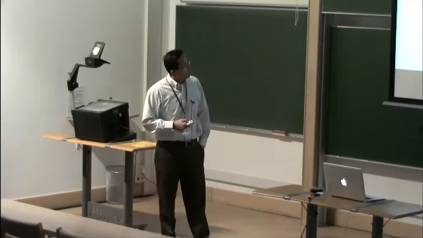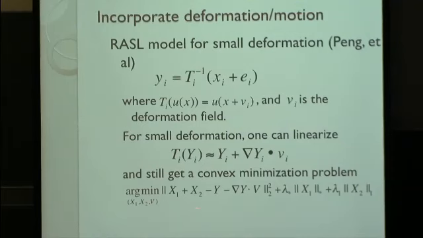Of course, you try to find another big matrix, which is a deformation field, such that after the linear approximation of the deformation, the remaining x1 is still low rank, this is still sparse, and so on and so forth.